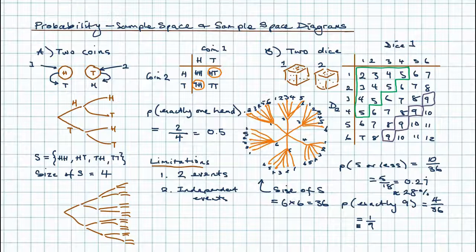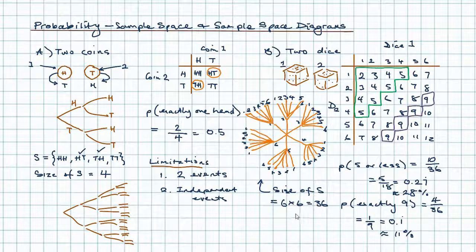Simplifying, we've got 1 out of 9, and again, not a fraction that I know very well, so 1 divided by 9 is 0.1 recurring, which is approximately equal to 11%, so 11% rounding to the nearest percent.